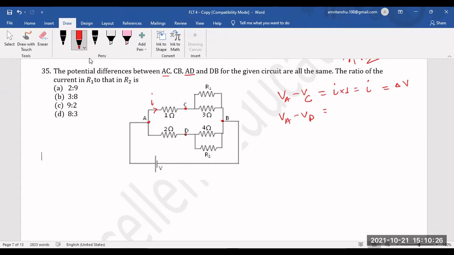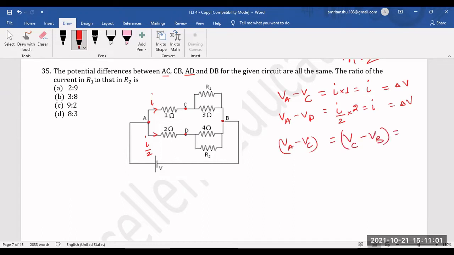Okay. So to make this same as VA minus VC, what we can do is, if we take current as I by 2 and resistance is 2, so again this happens to be I, which let's say is delta V. So here the current that flows is I by 2. Okay. Now potential across C and B is also the same as A and C. That means VA minus VC is also equal to VC minus VB.